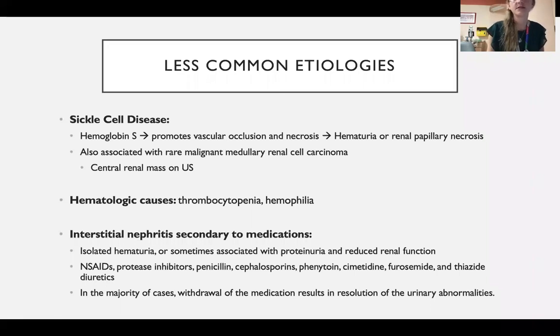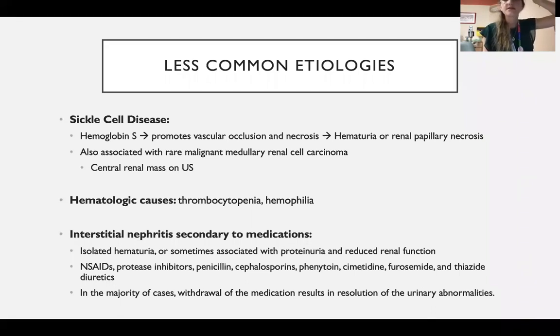Hematological causes always have to be looked for: thrombocytopenia, hemophilia, or coagulopathies, and interstitial nephritis secondary to medications. These are usually isolated hematuria causes, or are sometimes associated with proteinuria and reduced renal function.